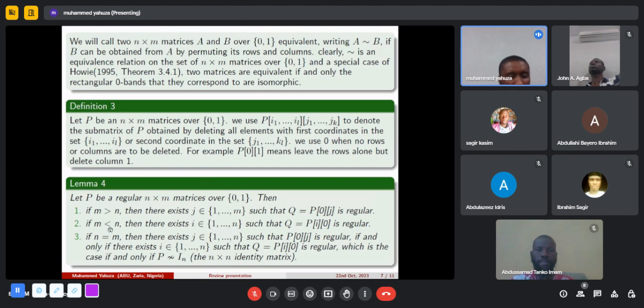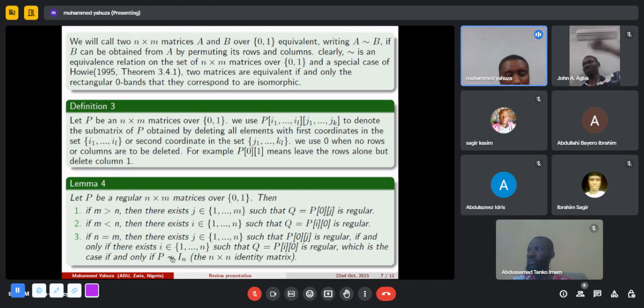Three, if n is equal to m, that is the rows and columns are the same, then there exists j in 1 to n such that P(0; j) is regular if and only if there exists i in 1 to n such that Q equals P(i; 0) is regular, which is the case if and only if P is not equivalent to I_n, the n by n identity matrix.